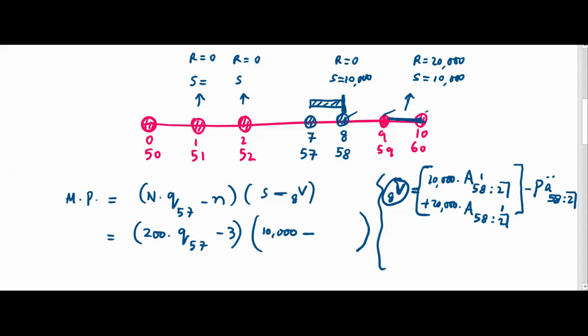Now, when you find this one, do you have the actual table and can you find this one? That is the question. A58:2. Okay, I'm keeping it pending because it depends on a lot of factors, what table is given, what you need to see and all that. And you find and verify because P is given. The only thing you need to do is verify whether these are there or not.